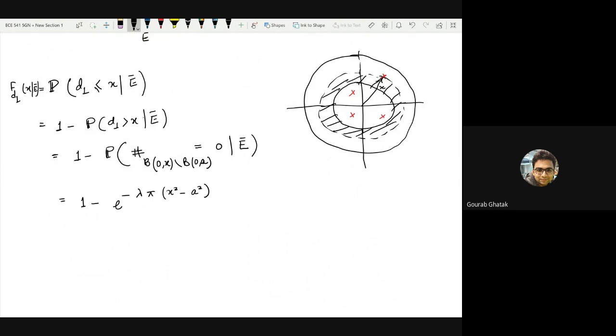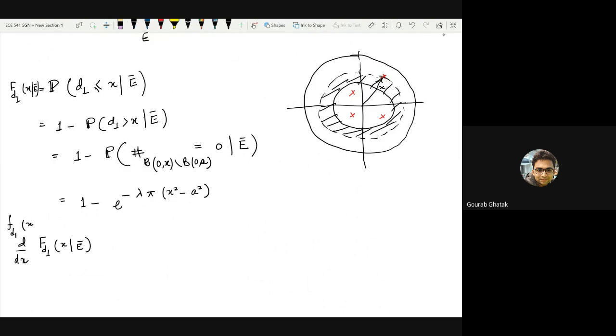Now f of d1 of x given e bar, if we differentiate it with respect to x, we get the PDF of d1 given some event e.